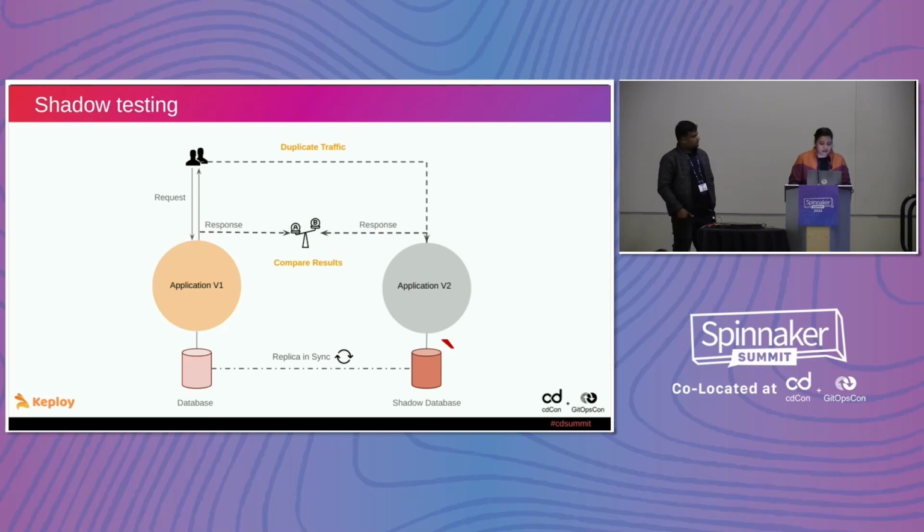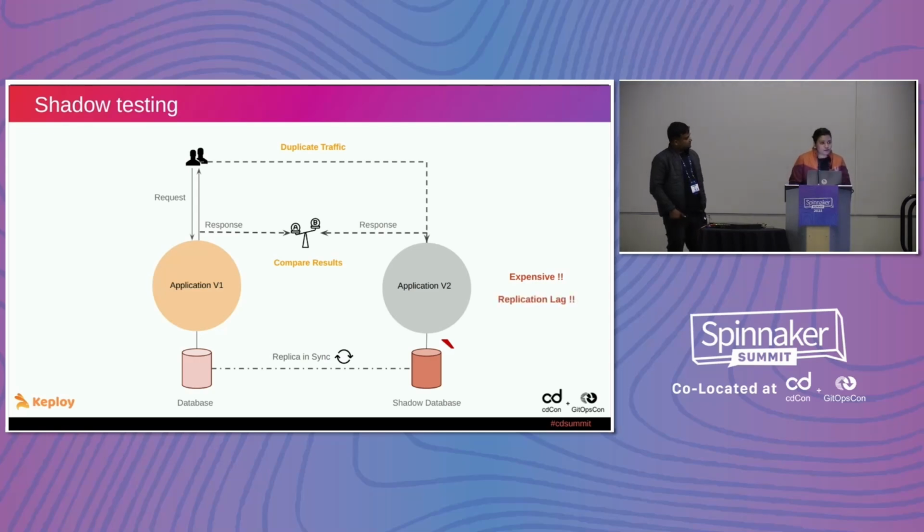Whenever a request is played on your production application, as soon as there is a change in the database, keeping it in sync with a duplicated traffic call becomes harder. So one, it was a lot of operational effort to set this up, and two, it was the replication lag which could not make it successful.